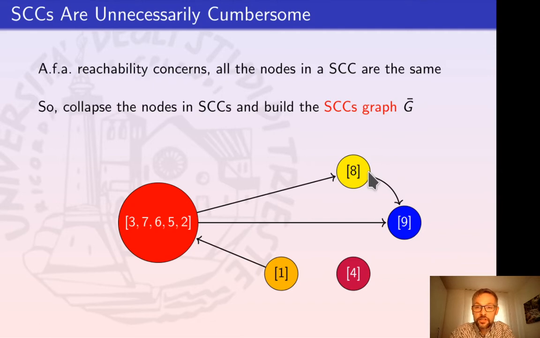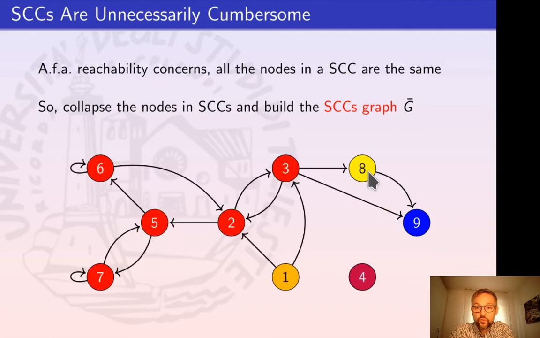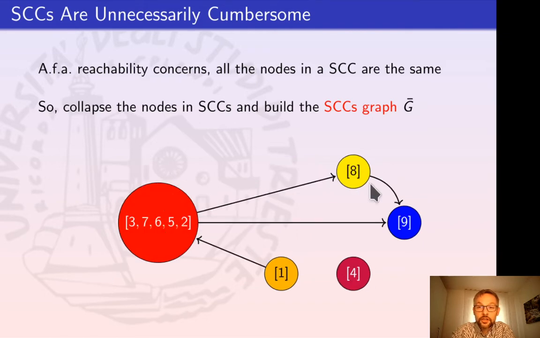Okay, so this is a different graph with respect to the previous one, of course, but as you see here, we are moving from 3 to 8, so we want to preserve this reachability. So we are adding an edge from the strongly connected component containing 3 to the strongly connected component containing 8, and that's how we end up with this graph.